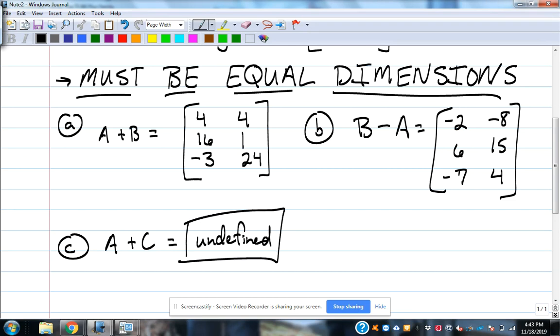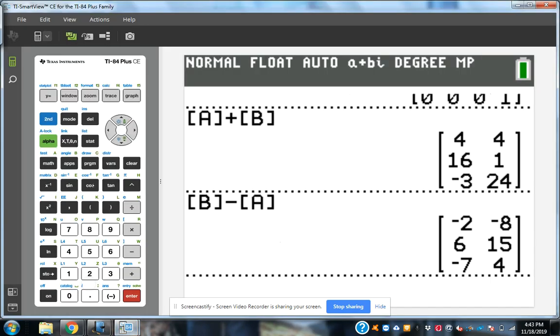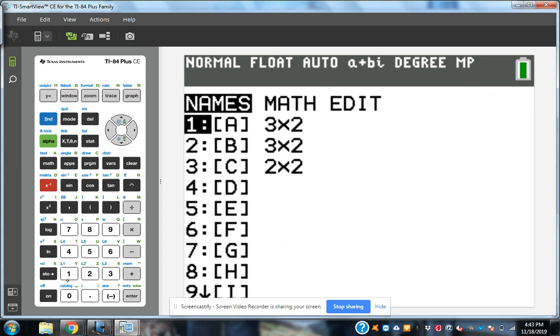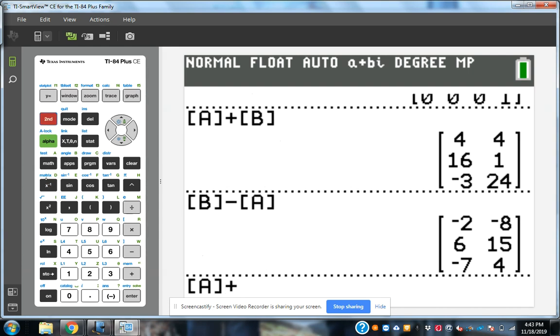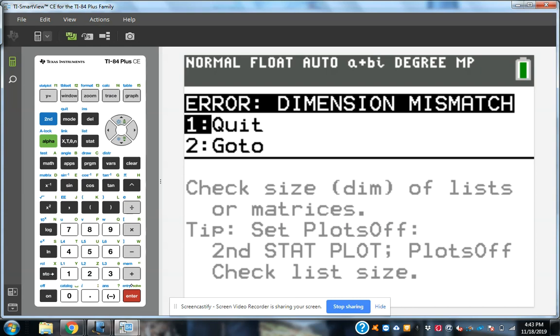If you didn't pay attention to the dimensions and just had them already typed in your calculator, buzzing through the test, and you tell it second matrix A plus second matrix C and hit enter, it's going to throw back an error that says dimension mismatch. That means they aren't the right size to be able to do that together. So if you get that back, either you put the matrix in wrong or they really won't work.